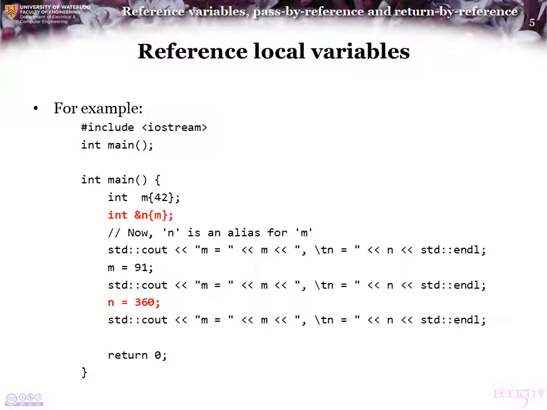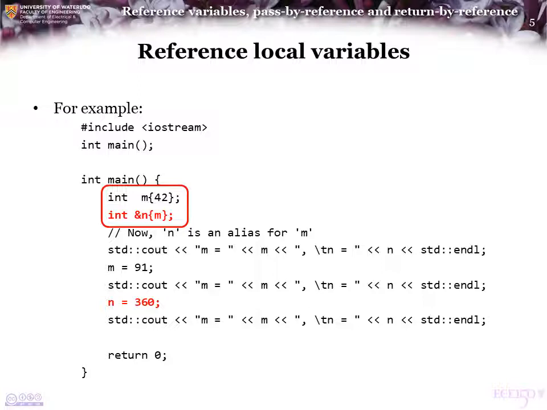So here's a sample program that uses a reference variable. Here we have the local variable m of type int that is initialized with the value 42. Next, we have n declared to be a reference to an integer, and it is initialized with the identifier m. So now n is nothing more than an alias for the local variable m.